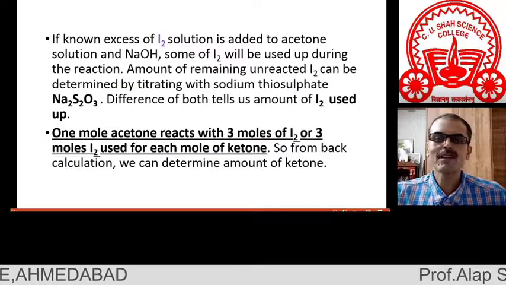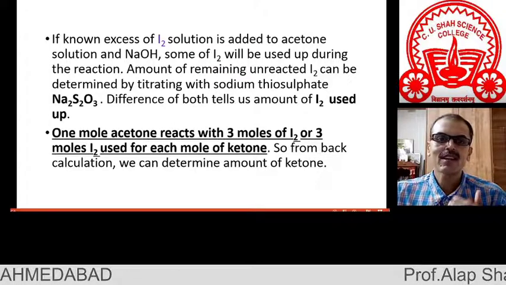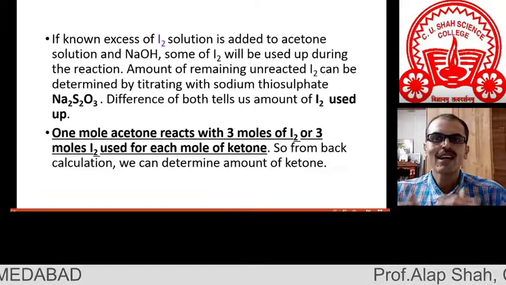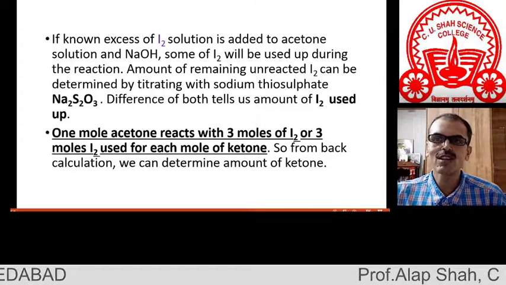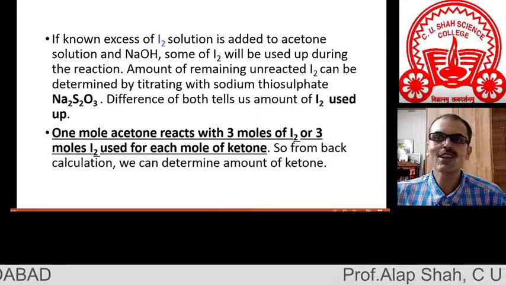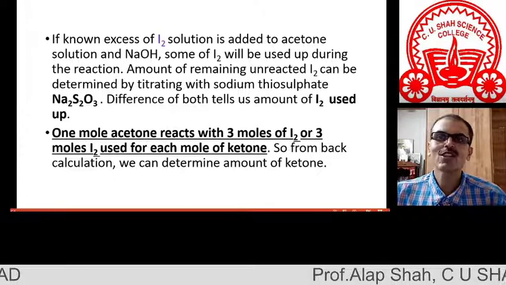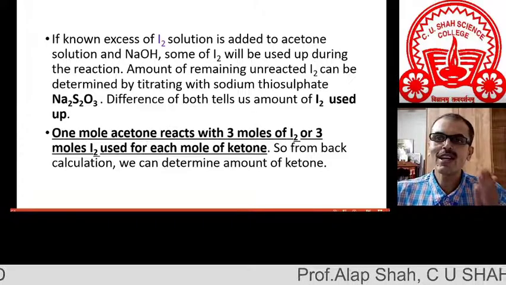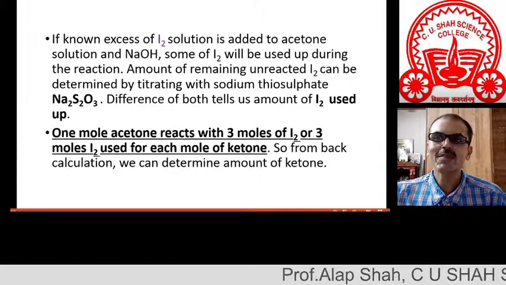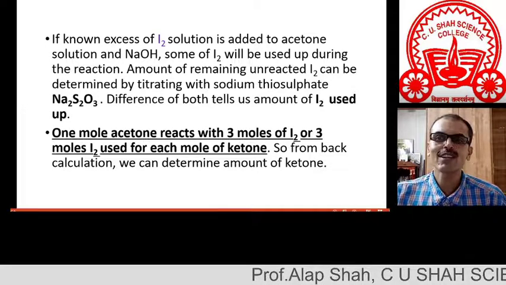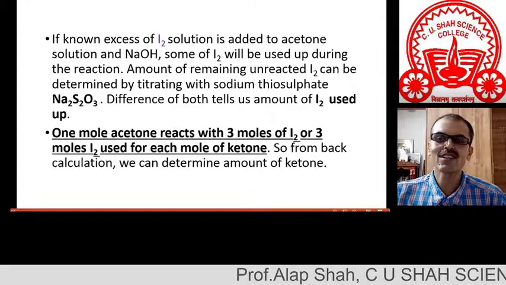The principle is that to our ketone solution, we add a known but excess amount of I2 solution. From the I2 solution added, some is used in the formation of iodoform. The remaining unused I2 can be determined by its titration with sodium thiosulfate using starch as an indicator.